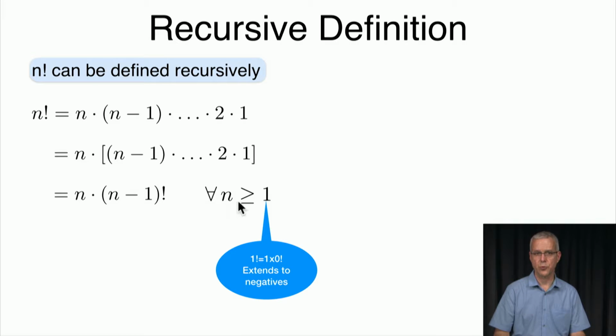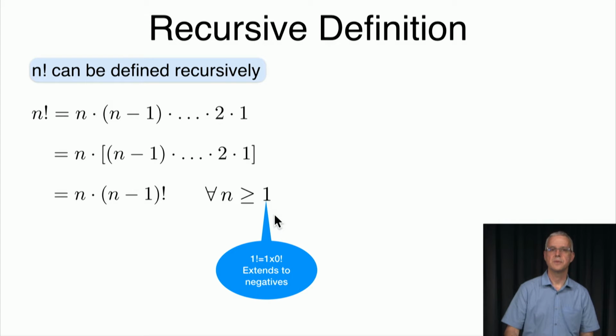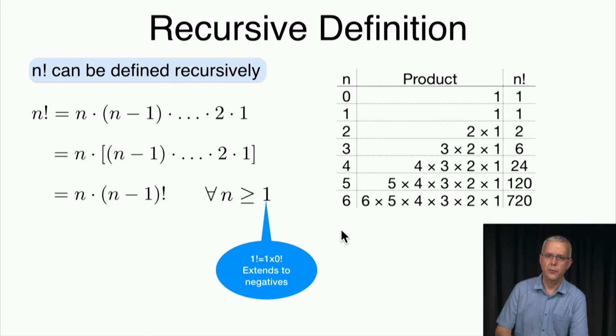it also holds for 1, and namely 1 factorial is going to be 1 times 0 factorial, and that's because 0 factorial was defined to be 1, and you can actually even extend it beyond 1 to negative values, right? So we can see this recursion here.